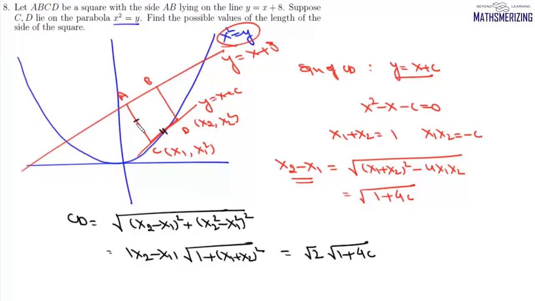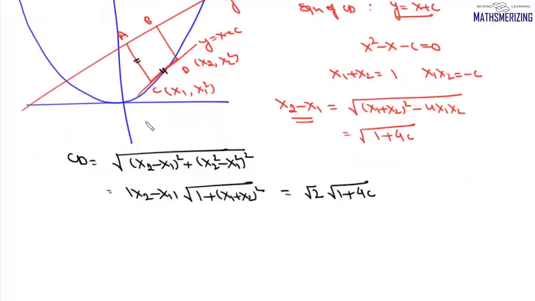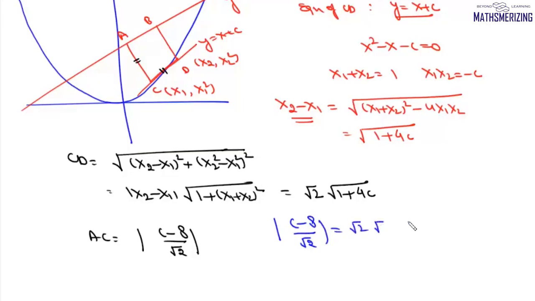Now we can also find length of the side AC. Now AC is nothing but distance between these two parallel lines. So this AC will be mod of c minus 8 upon root 2. Now since this is a square, both the sides must be same. So we can write mod of c minus 8 by root 2 must be equal to root 2 into under root of 1 plus 4c.